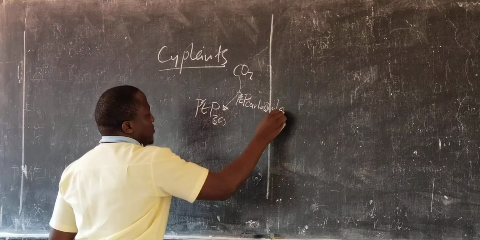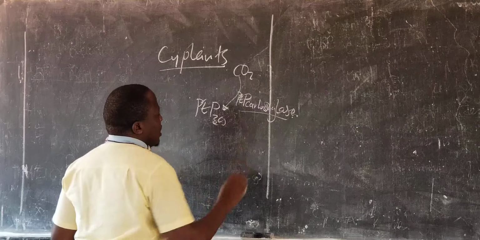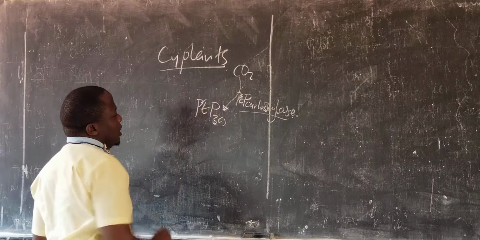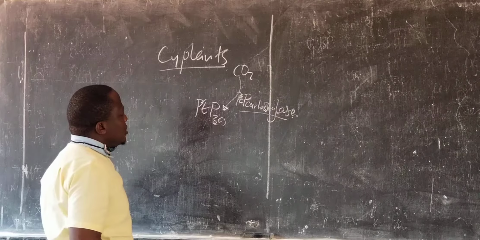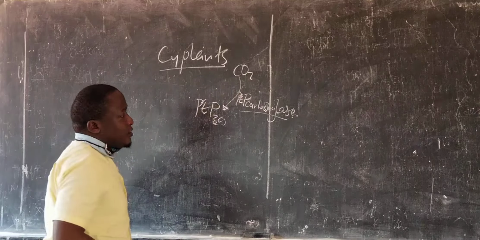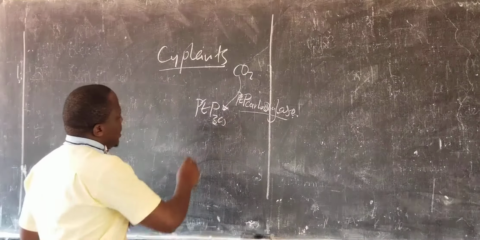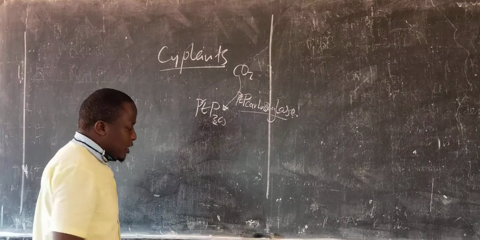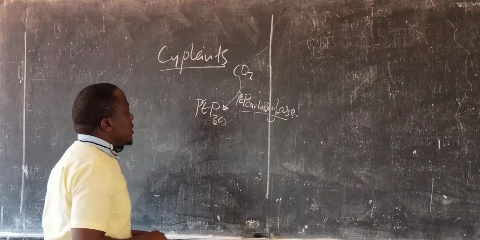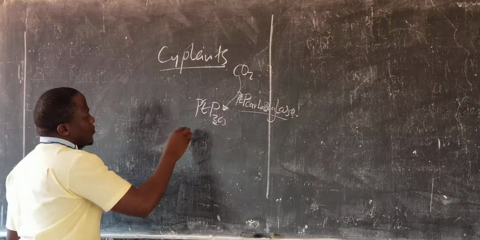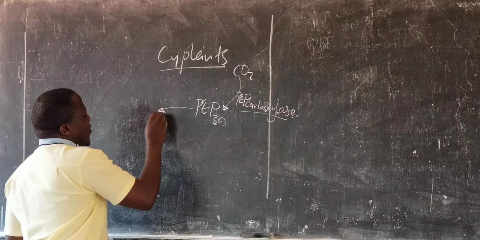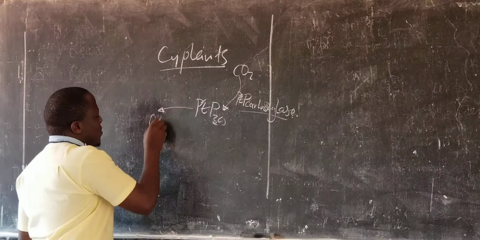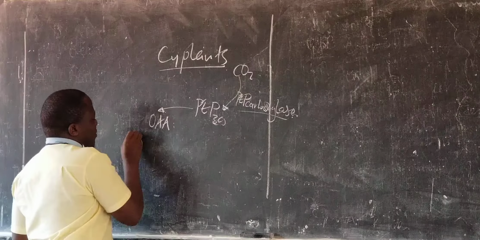PEP carboxylase catalyzes the reaction between PEP and carbon dioxide. PEP has a very high affinity for carbon dioxide, so it accepts it and forms a new substance, normally oxaloacetic acid.